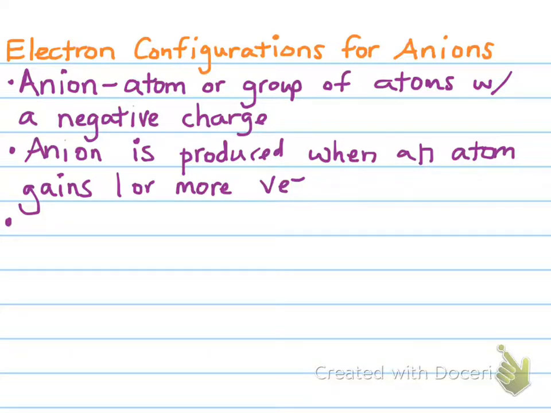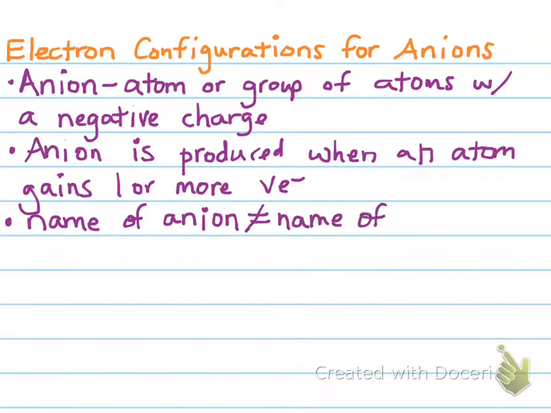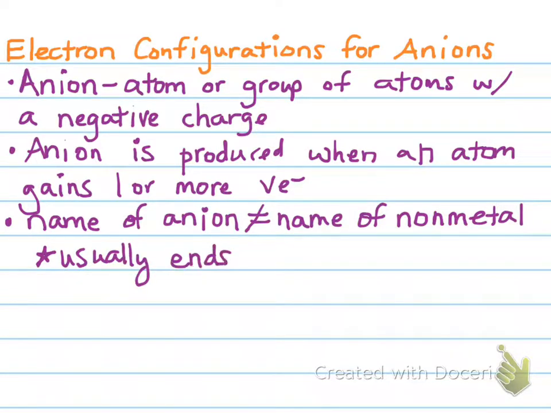Unlike cations, the name of an anion is not the same as the name of the nonmetal. Remember, it's mostly nonmetals that tend to form anions. The name of an anion usually ends in "ide."